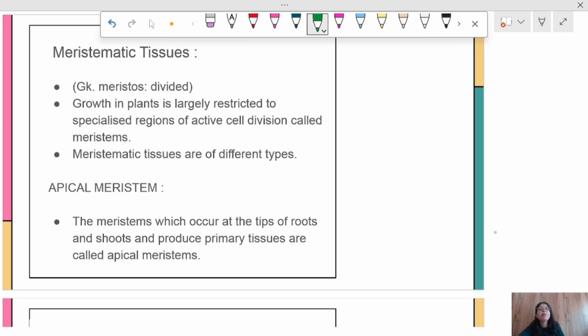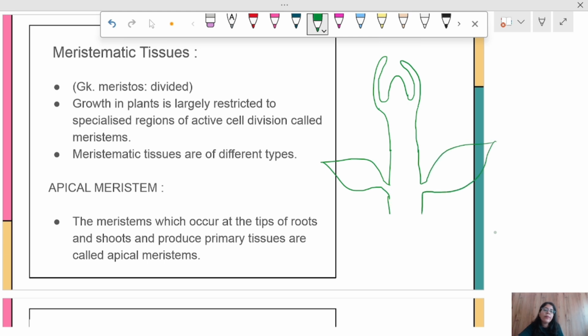So I will draw a very simple line diagram so that you can understand what I'm talking about. Maybe you have seen this kind of diagram in some books. A small diagram I have made here. Now you can see that you have always seen that the cells grow from the tip. Here also you can see there is a tip in which the cells are there, which will be dividing.